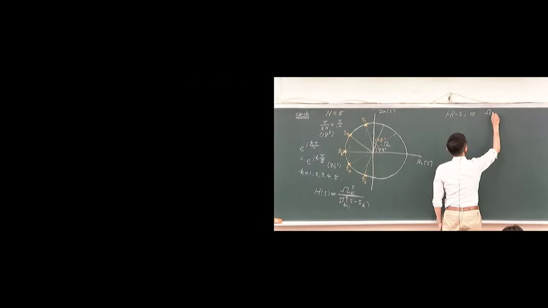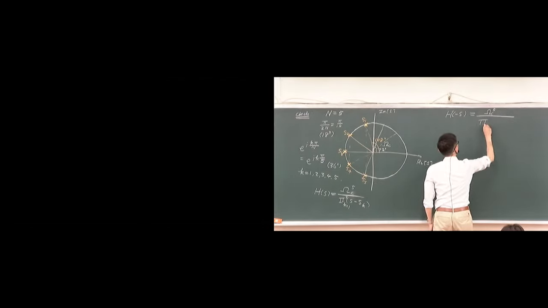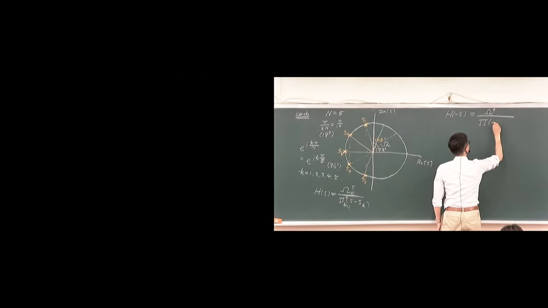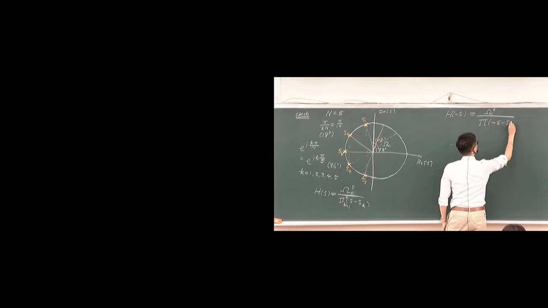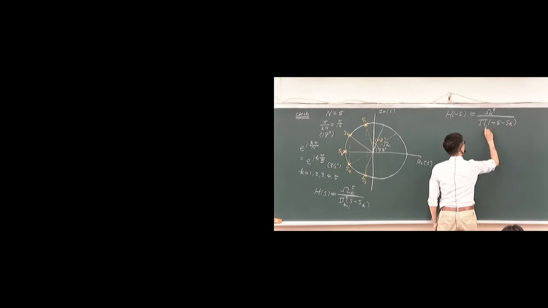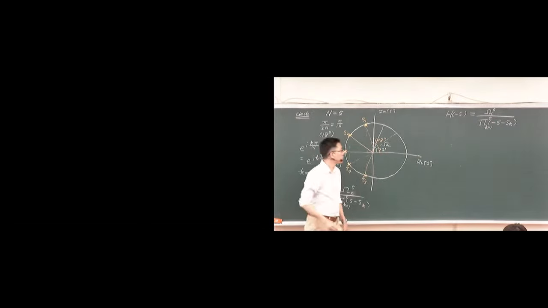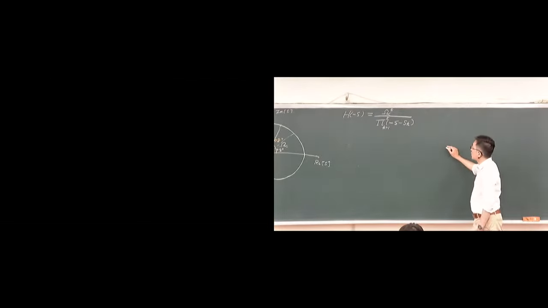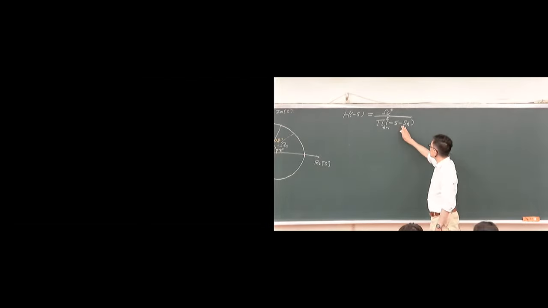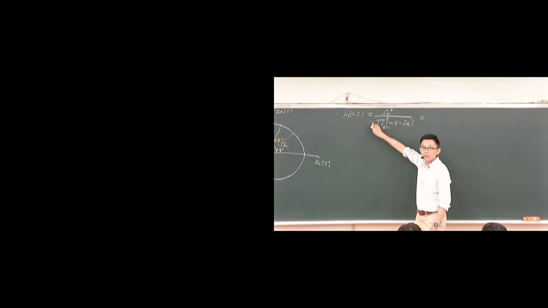So H of minus s is still omega c to the fifth power divided by the product of minus s minus sk, again k goes from 1 to 5. That's pretty easy. But wait, with all the minus signs here, I propose that we pull the minus sign to the outside of this product.